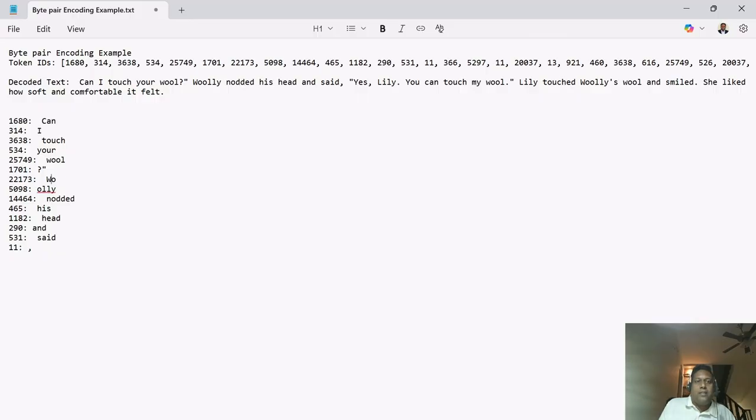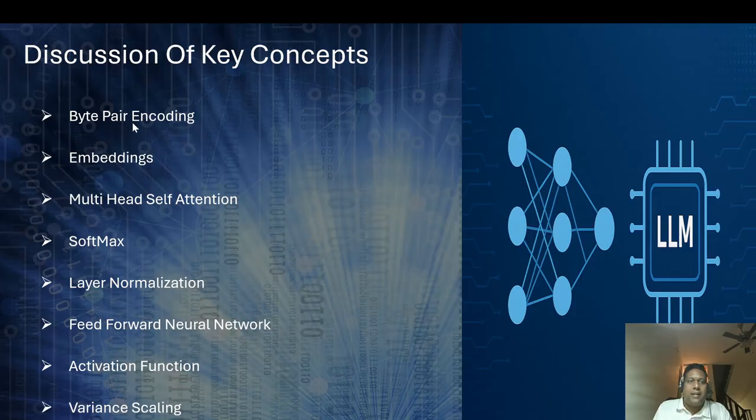So this is subword tokenization, and the scheme is byte pair encoding, where instead of the whole word, it is split, so this word really is two tokens. That is essentially byte pair encoding.